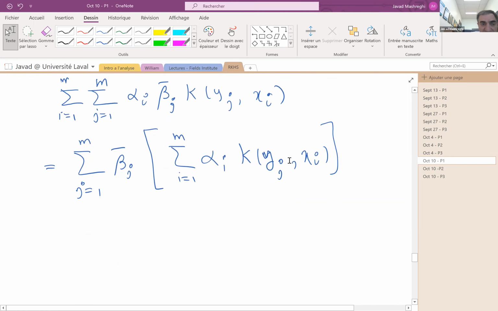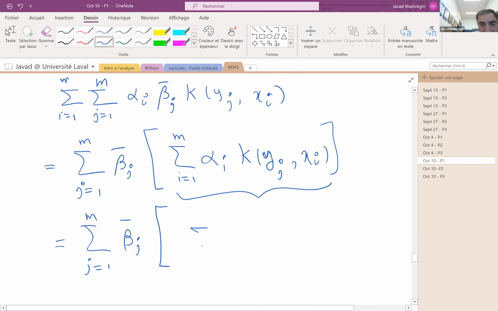So that is why here I can say sum j from 1 up to m beta j bar, and replace this sum by sum i from 1 up to p alpha i prime k x i prime at the same point, and the point here is yj.